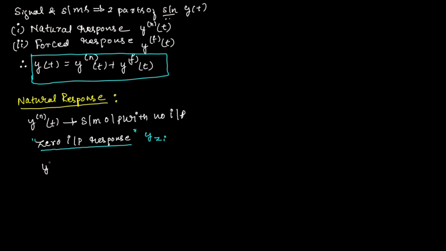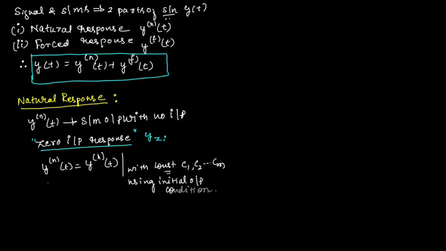So the natural response yn of t is equal to yh of t with constants c1, c2 and so on up to cm evaluated using initial output conditions. The natural response can be given as the homogeneous response with constants evaluated using initial output conditions. We will understand this easily when we solve the problems.